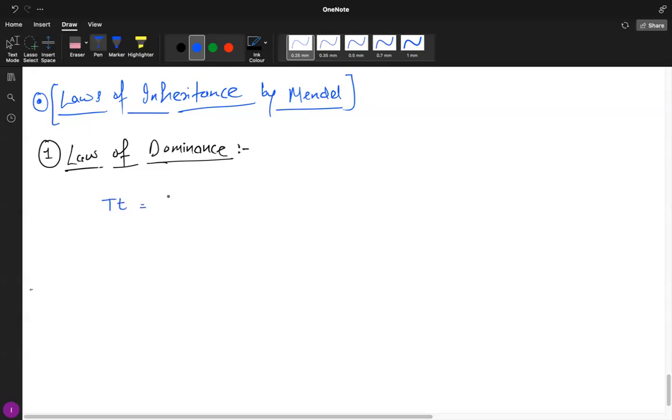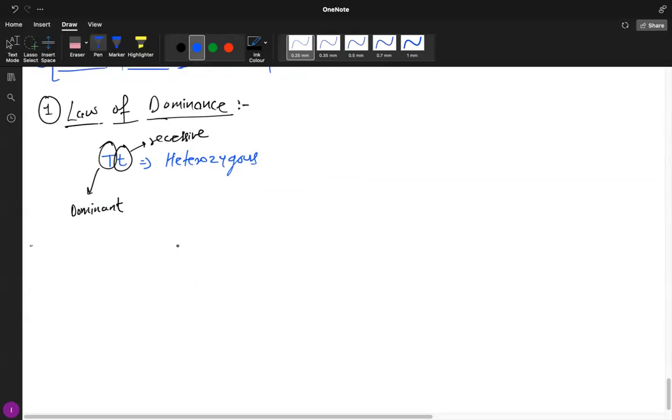This is called a heterozygous condition of alleles where this allele is always dominant and the other one is recessive.